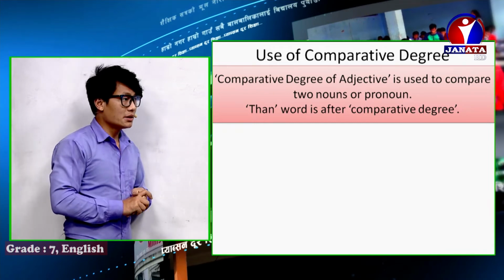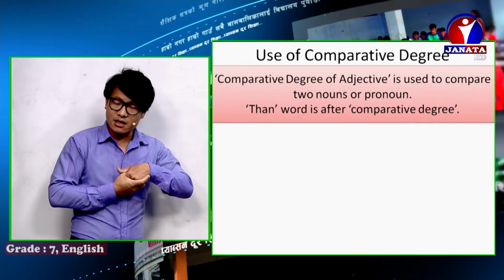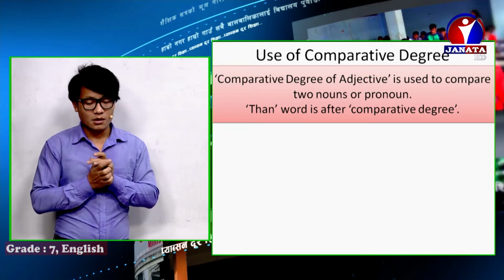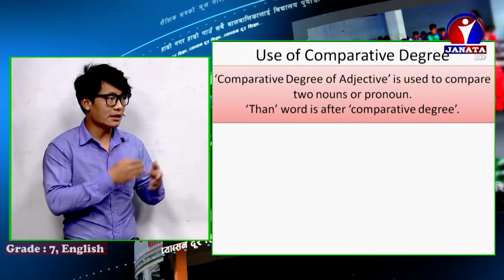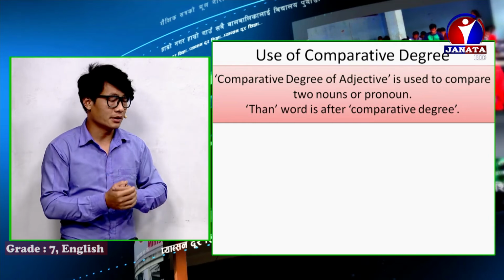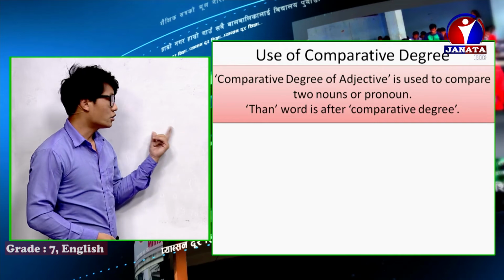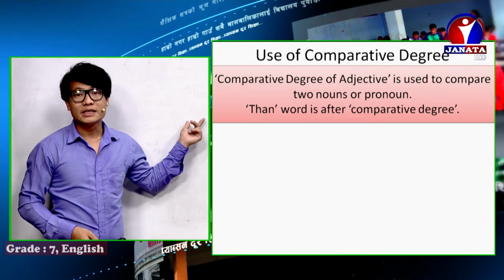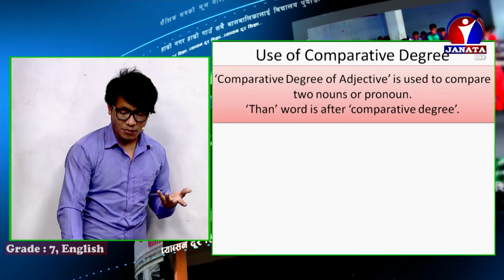And remember, this is a very key word: than. The word than is used after the comparative degree. After writing the comparative degree, like a pattern or taller, we need to use the word than for comparing.